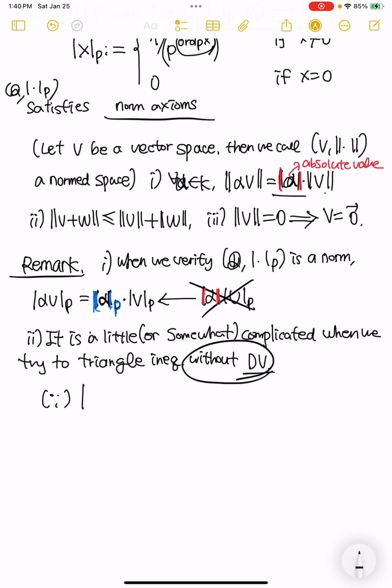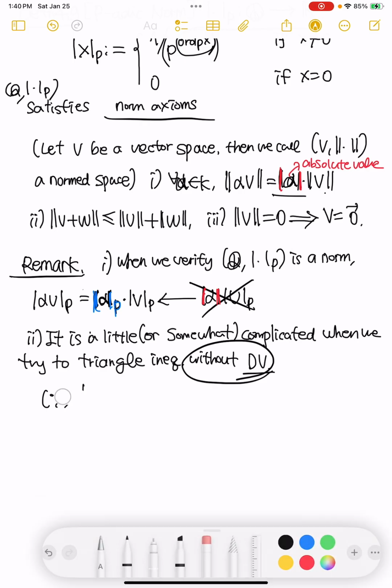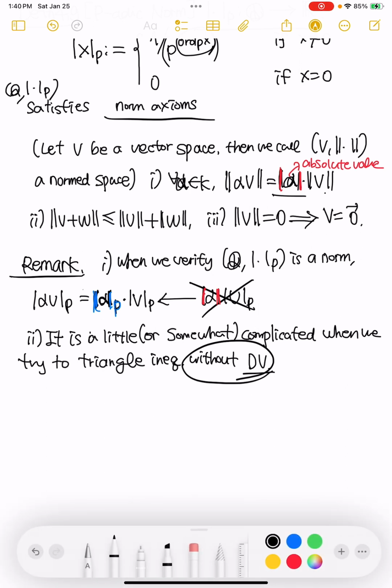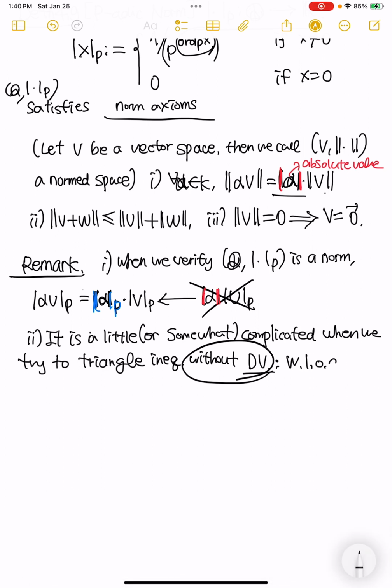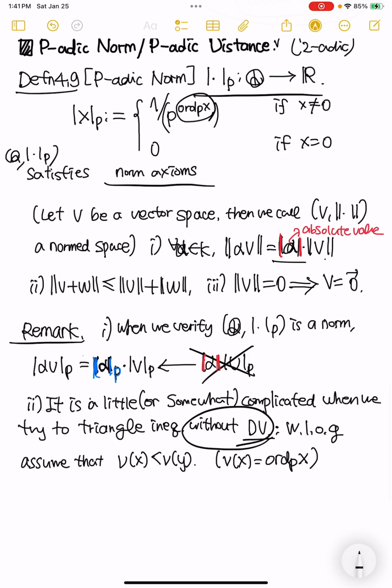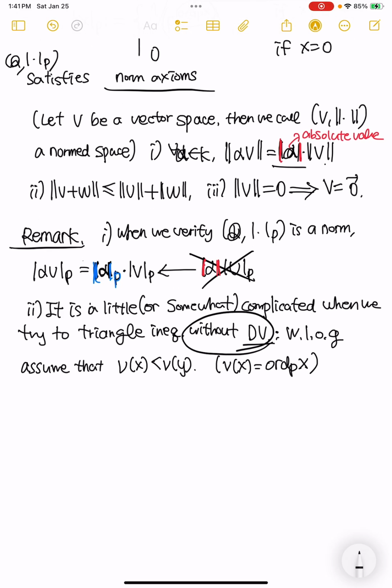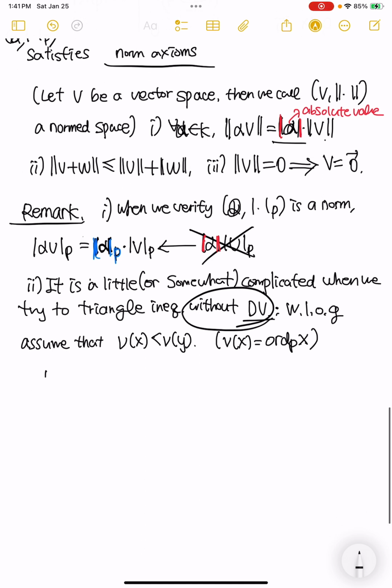Because first, I will assume, without loss of generality, that the ordinal of x is less than or equal to that of y. Here the ordinal is the extended function of the ordinal to the rational numbers, ord_p(x).